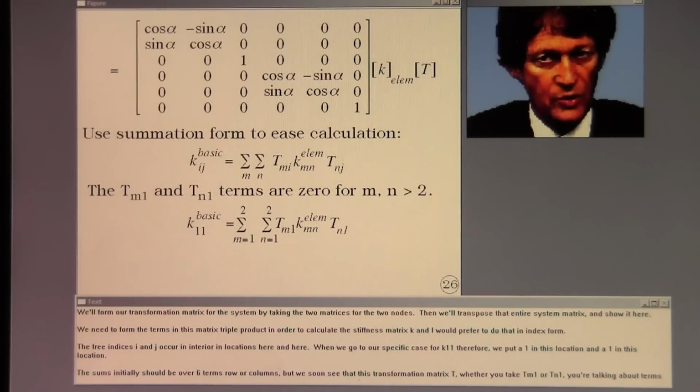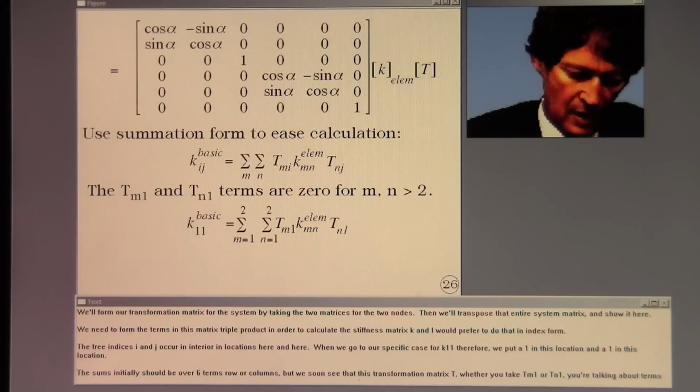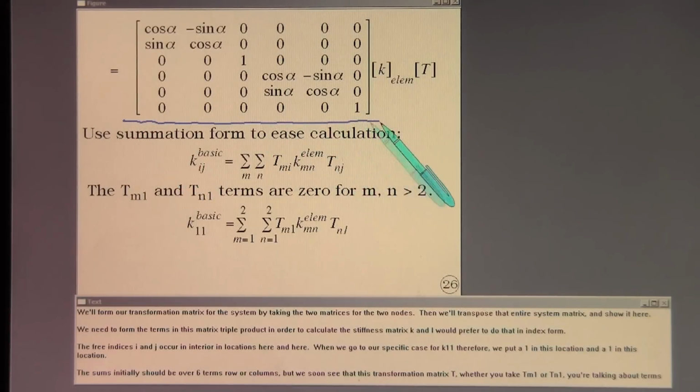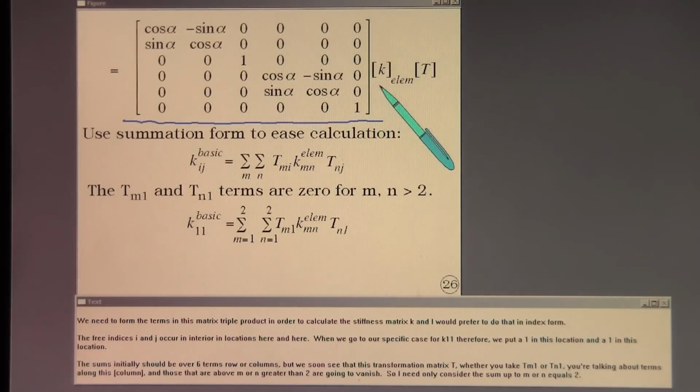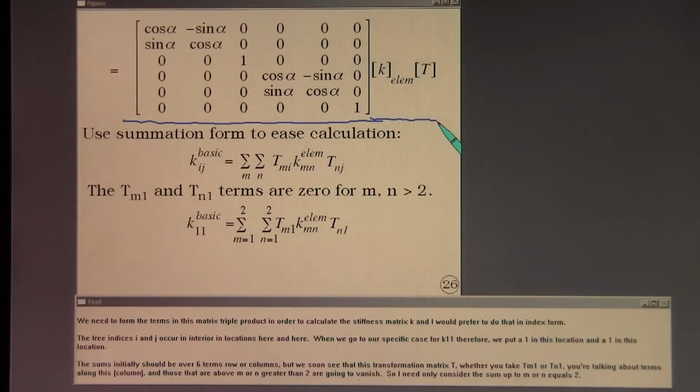Then we'll transpose that entire system matrix and show it here. We need to form the terms in this matrix triple product in order to calculate the stiffness matrix K, and I'd prefer to do that in index form.